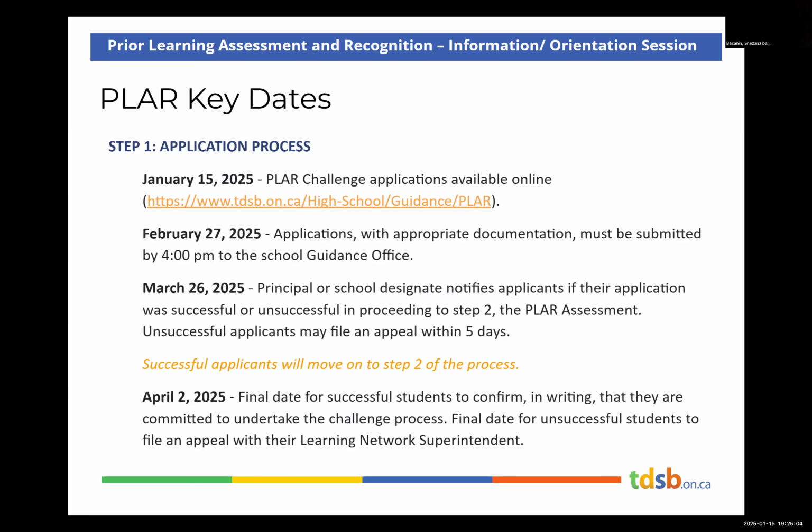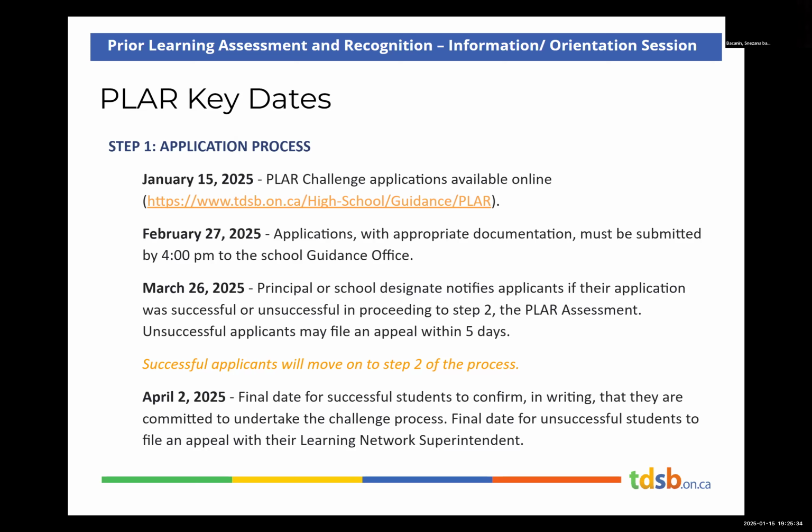On March 26th, your principal or school designate will notify you of your application, whether it was successful or unsuccessful, and then in proceeding to step 2, the PLAR assessment. Unsuccessful applicants may file an appeal within 5 days. And when you appeal this challenge, you cannot add any additional work.